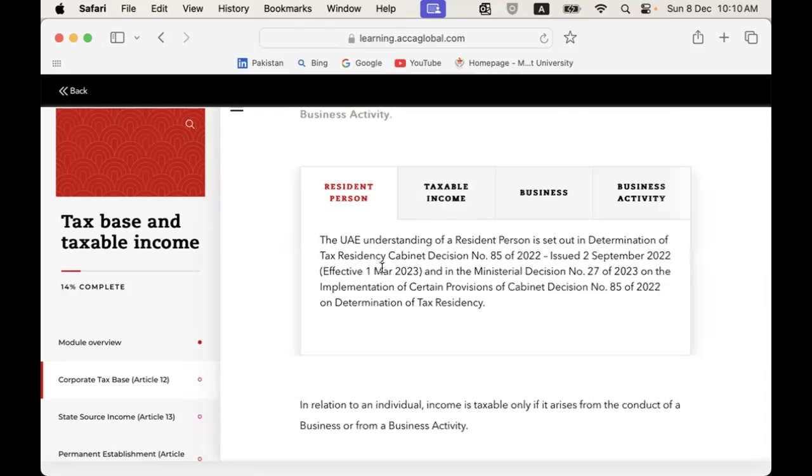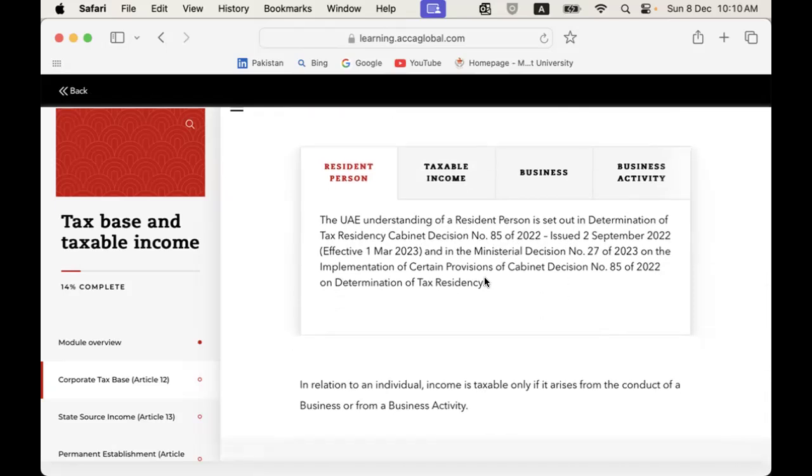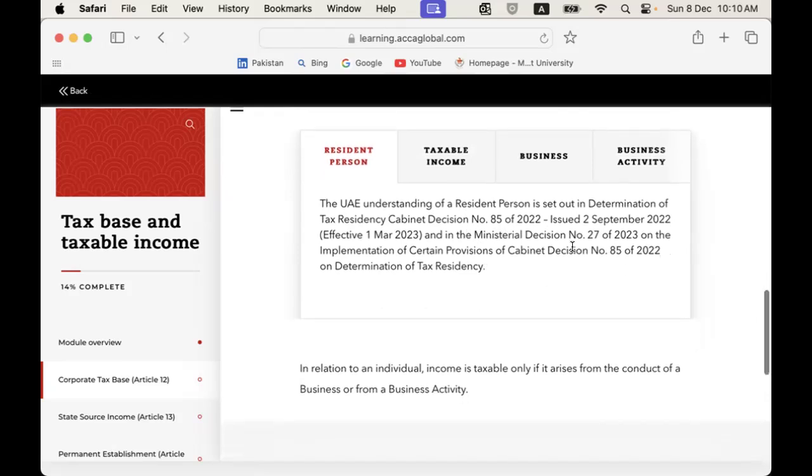Let us have a look at this summary again. The UAE understanding of a resident person is set out in the determination of tax residency, Cabinet Decision number 85 of 2022, which was issued on 2 September 2022 and is effective from 1st of March 2023, as well as another decision called Ministerial Decision number 27 on the implementation of certain provisions of the previous decision, Cabinet Decision number 85.